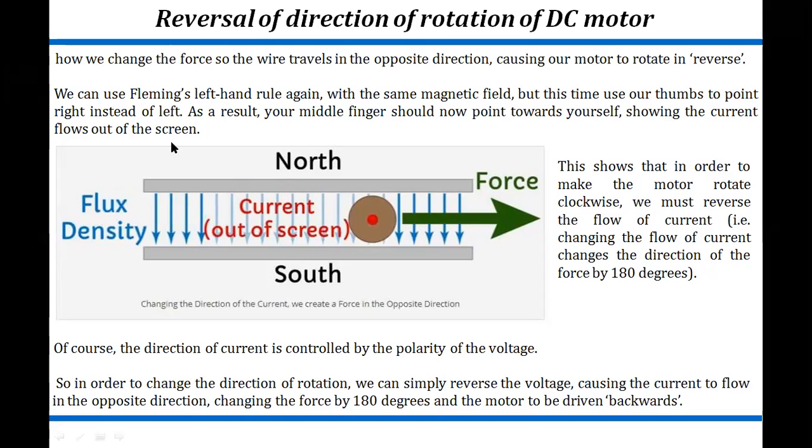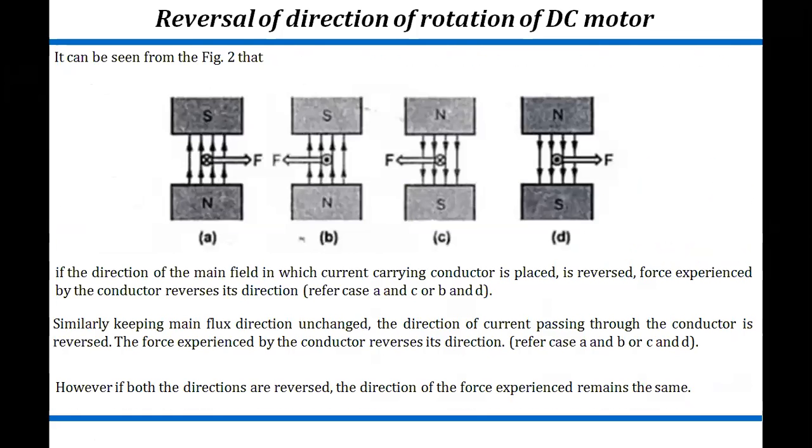The motor will not reverse, because if both directions are reversed, the direction of force experienced is the same and it will not reverse the rotation of the DC motor. It means we are supposed to change either the direction of current or the direction of magnetic field. At that time, we can change the rotation of the DC motor.